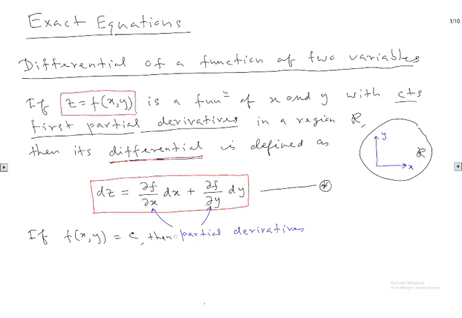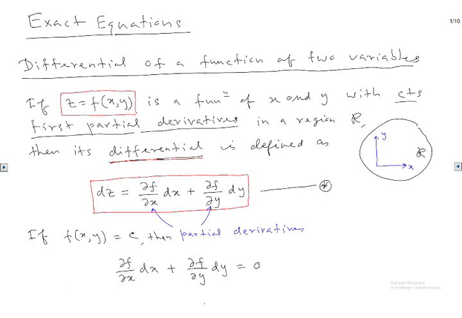So ∂f/∂x times dx plus ∂f/∂y dy is 0, because there is no change in the z function since it's a constant function.